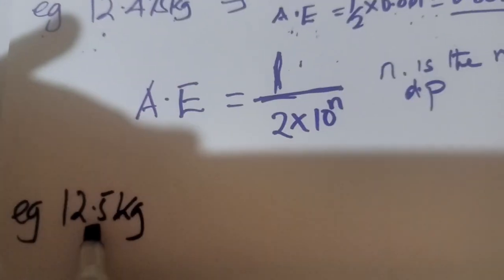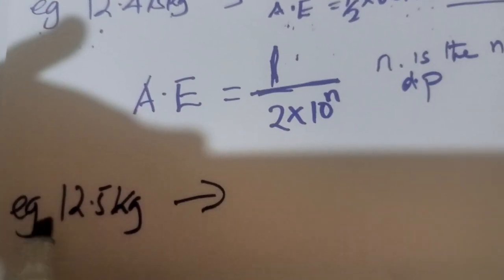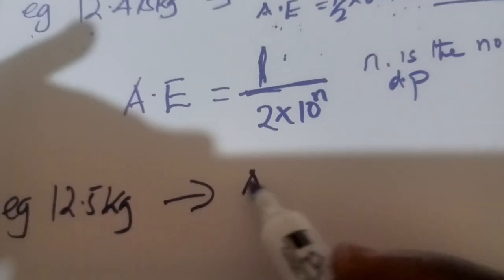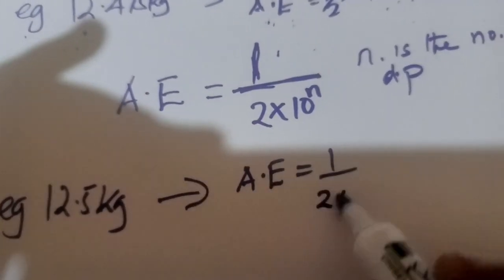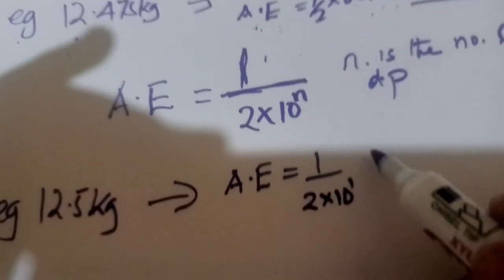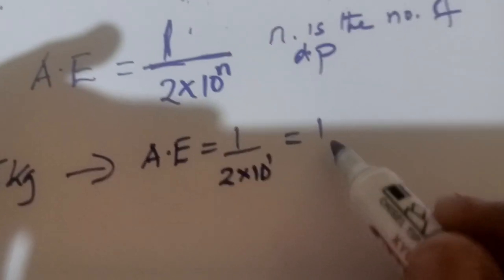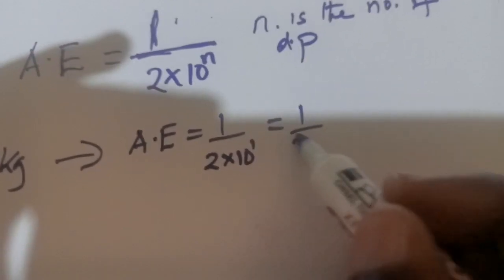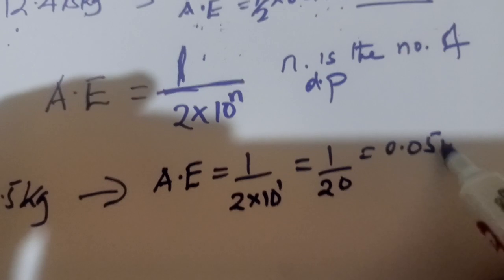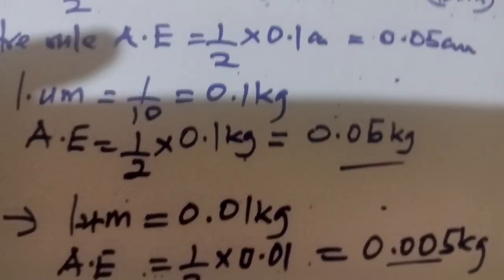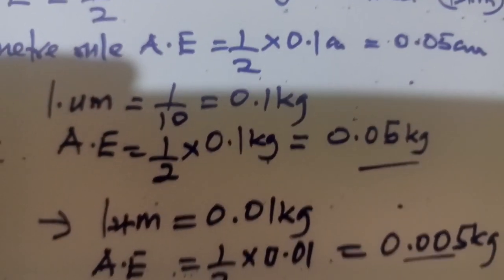Now, how many decimal places do we have here? 1 decimal place. So what does that mean? Our absolute error is 1 over 2 times 10 power 1, and 2 times 10 power 1 is 20, so it's 1 over 20, which gives you 0.05. And that's what we have up there, you can see.